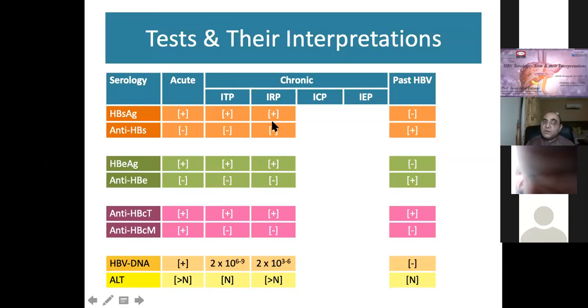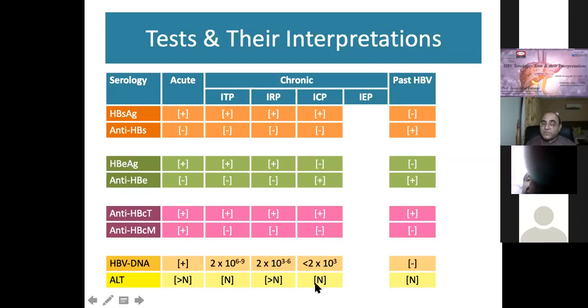So when this continues and goes on, a time comes when the viral replication is controlled, almost to the 0 level. So in the immune control phase, when the viral replication is very much controlled, either 0 or less than 1000, the ALT becomes normal because now the inflammation has cooled down.